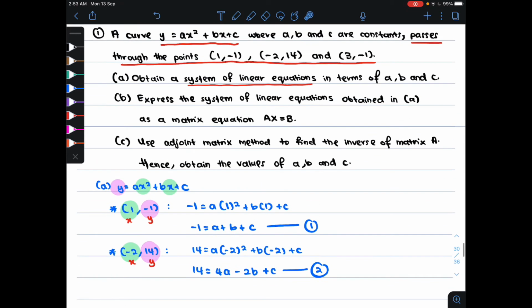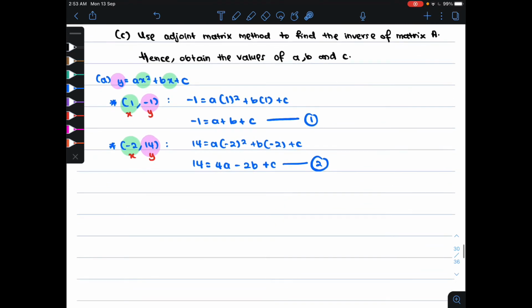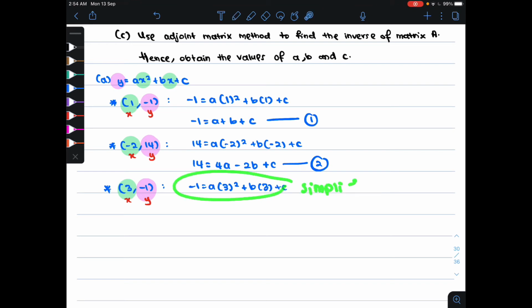And now, we will do for the third coordinate, which is 3, -1. 3 is the x coordinate. -1 is y coordinate. So, just substitute both coordinates into curve y. So, kat sini kamu dah tak boleh simplify lagi dah untuk dapat simplest form.